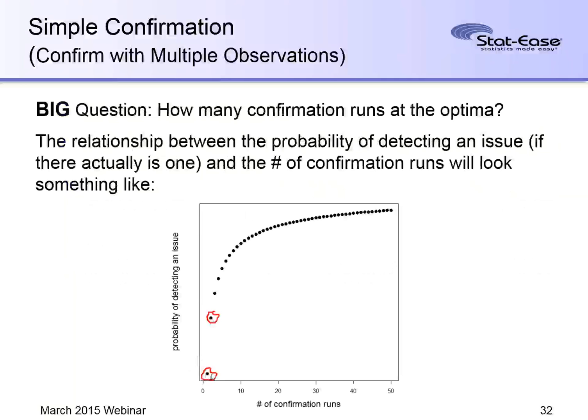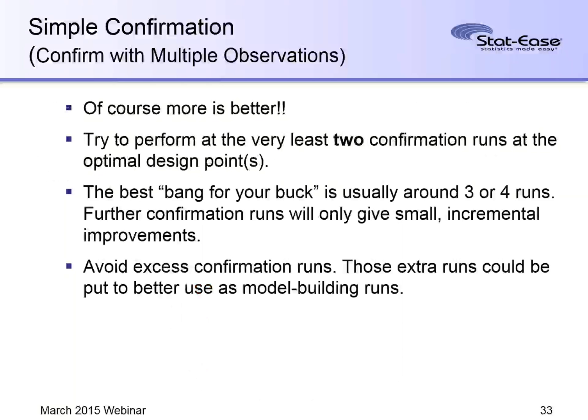It's kind of like you want to go for the low-hanging fruit first, okay, because that's kind of the easiest place to start. Everything else might be a luxury. The best bang for your buck, kind of the balance between the number of runs and the ability to detect issues, is usually around 3 or 4 runs, as we've seen here. Anywhere beyond that will just give smaller incremental improvements.